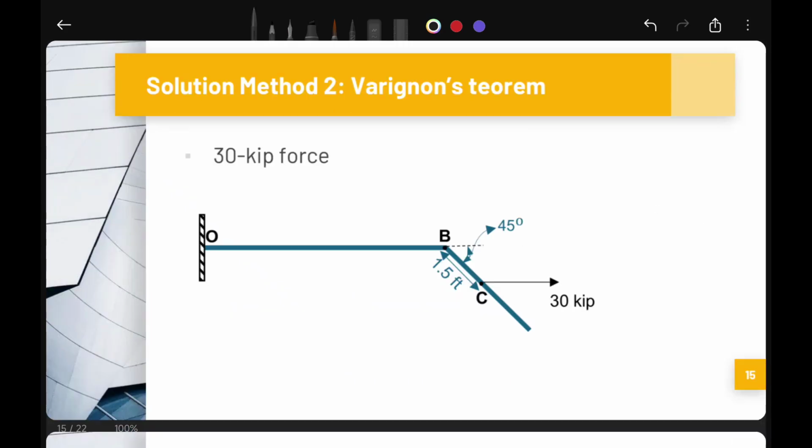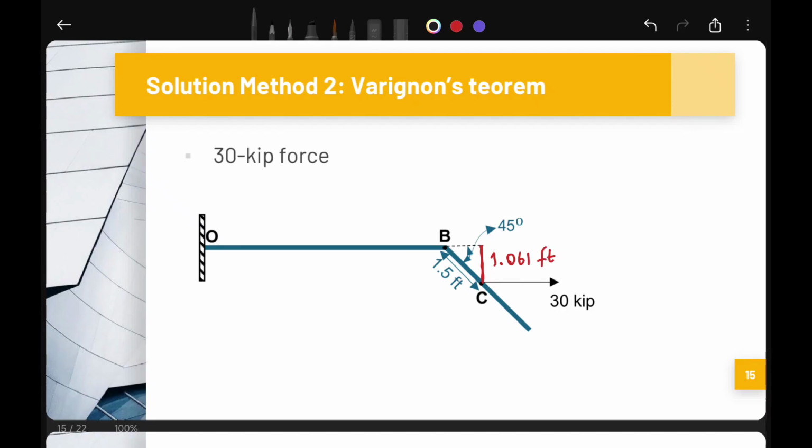Second force, the 30 kip force, is parallel to the x-axis. In other words, it only has an x component. We don't need to resolve it into components. Also, our moment arm has only one component, the y component. We previously found this distance. This is equal to 1.061 feet.